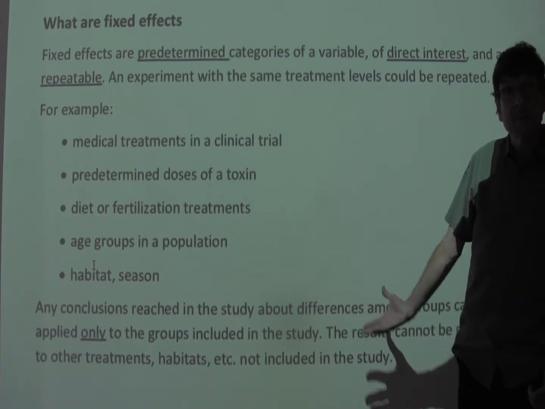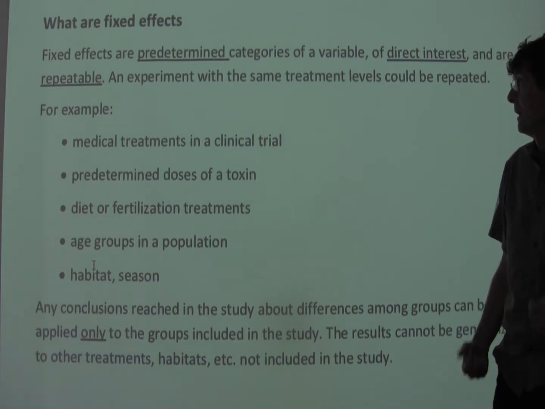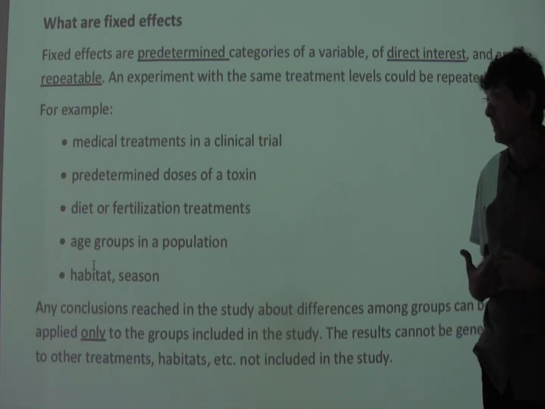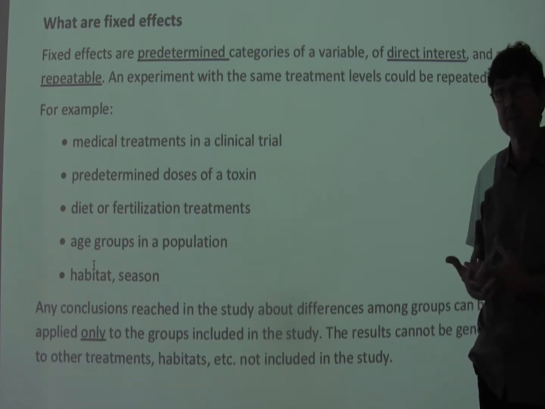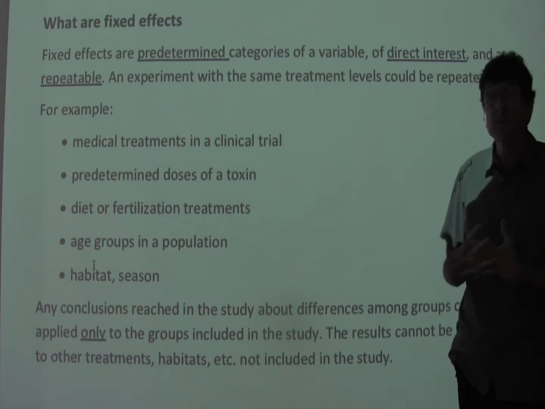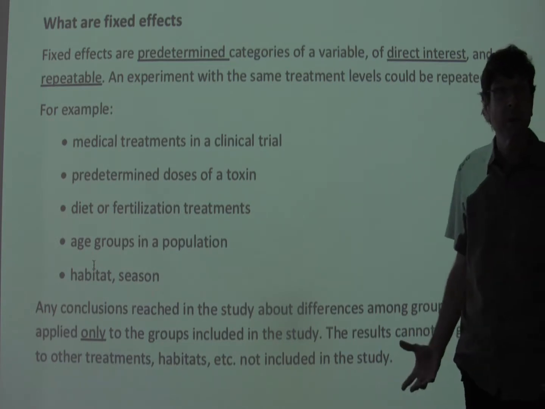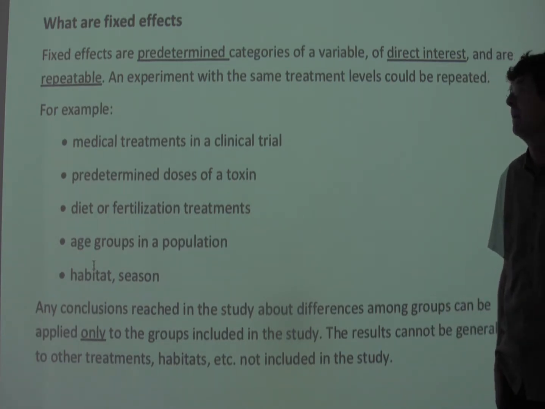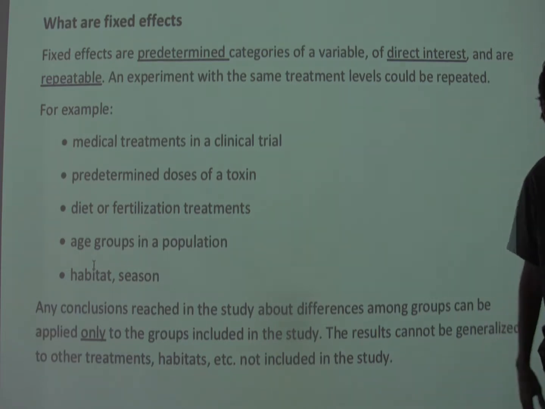So examples of fixed effects would include medical treatments in a clinical trial experiment, or doses of a toxin, so they don't have to be categories, they can be continuously varying. Diet or fertilization treatments, age groups in a population, so they don't have to be things that you can control, they just have to be factors that would be of direct interest and someone else could repeat your study on similar or the same age groups, habitat, season, and so on.